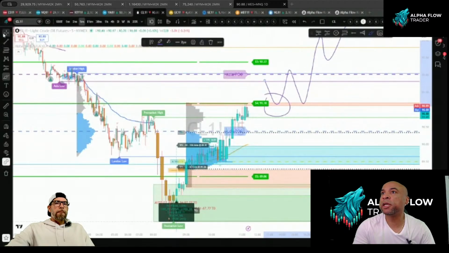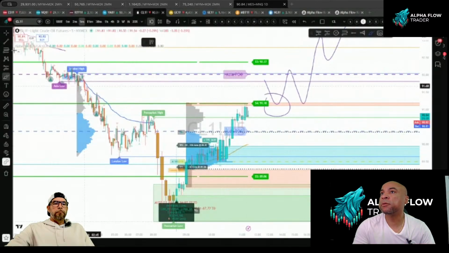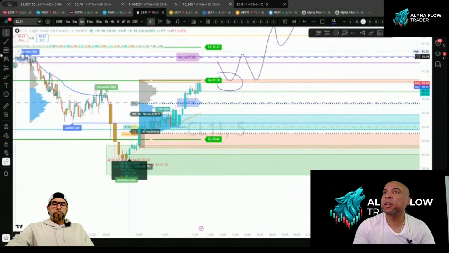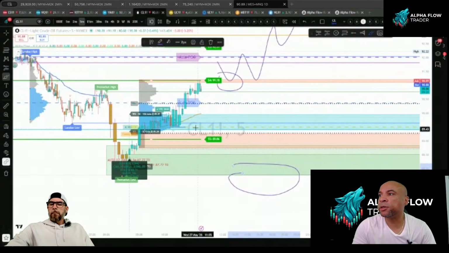Or if it comes back down to S5, let me adjust my scale here. If it comes back down to S5 in this area of the demand zone, then I would consider another S5 long reversal for oil.